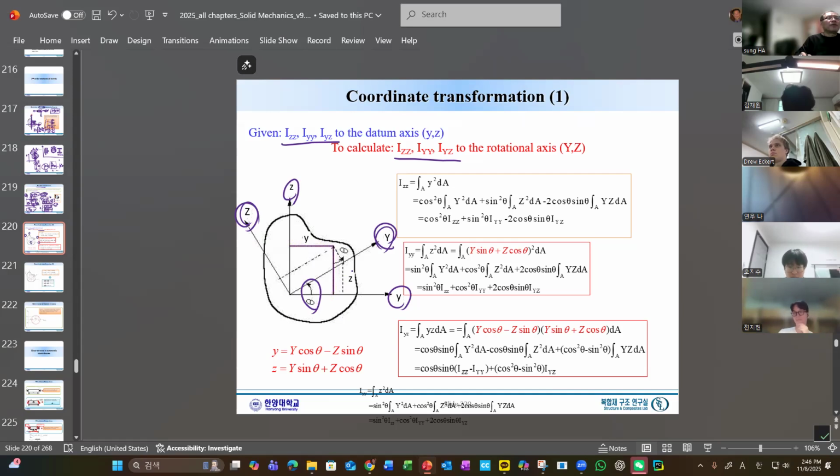For this, we use the coordinate relations between small y and z and large Y and Z. Mathematically, in matrix form, we have cosine theta, minus sine theta, then sine theta, cosine theta, multiplying Y and Z. We do know this one.